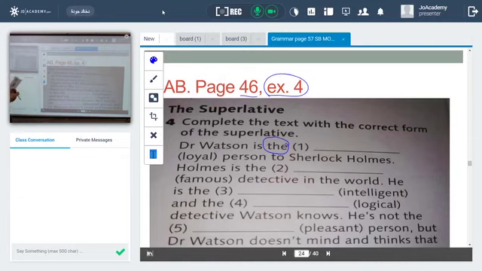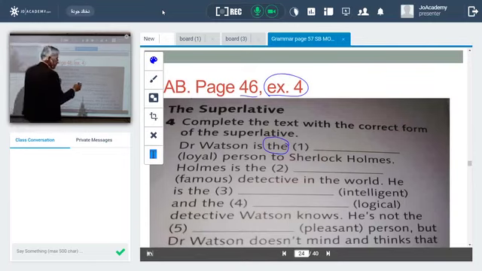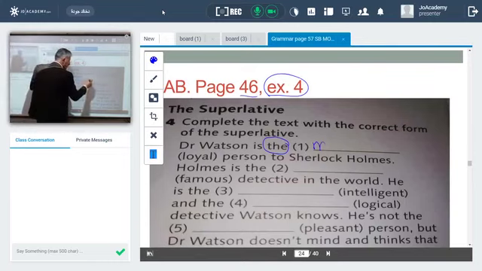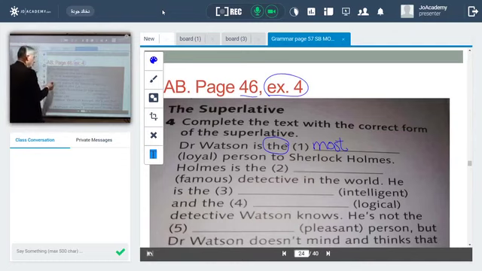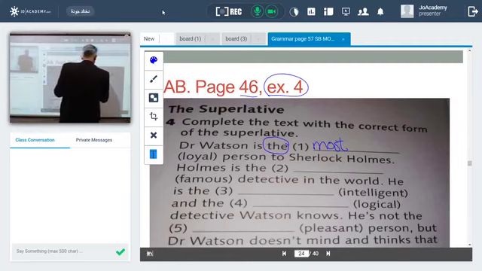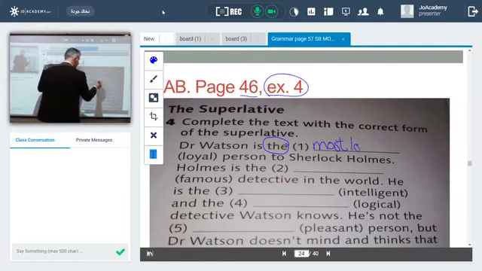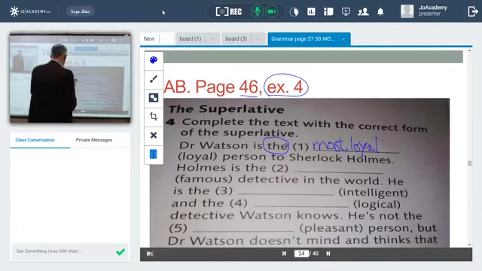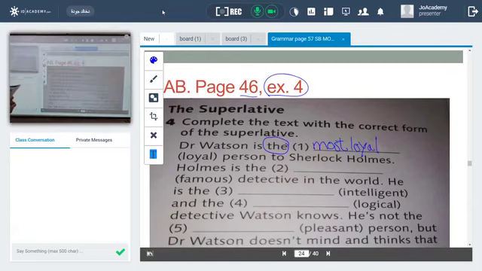Dr. Watson is the most. Of course, here we'll use the most. Why we use the most? Loyal. The most loyal. It is two-syllable adjectives. That's why we use the most. The most loyal person to Sherlock Holmes.